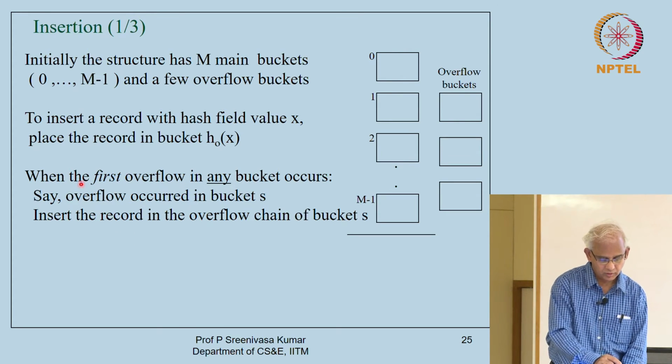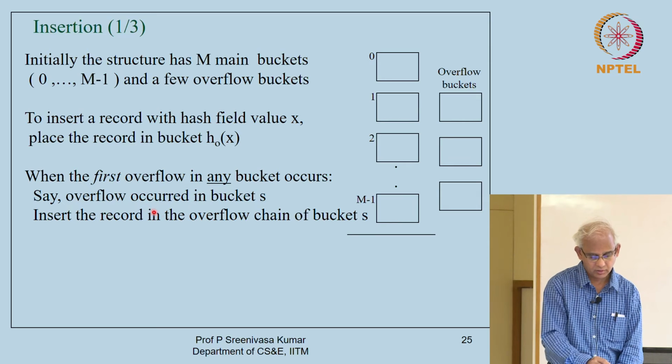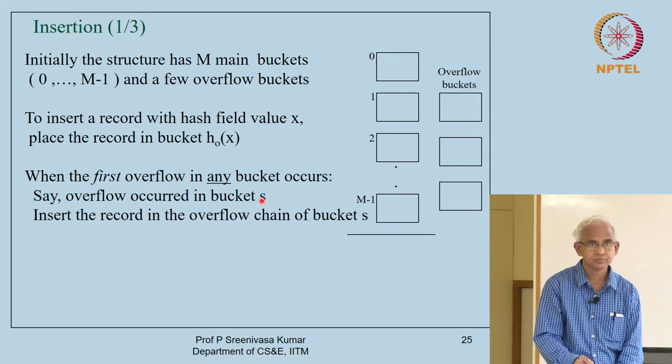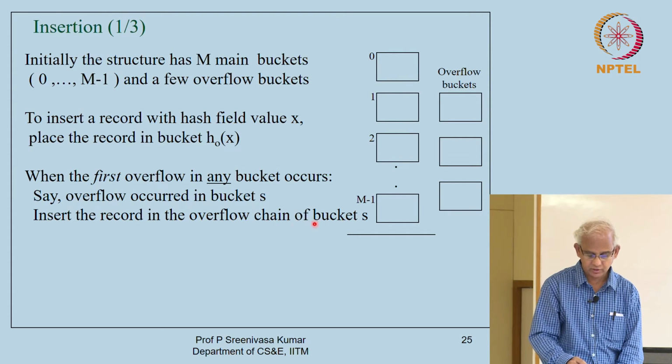Now, whenever the first overflow in any of the data buckets 0 through m minus 1 occurs, okay, say overflow occurred in some bucket S, insert the record into the overflow chain of this bucket S. Okay.